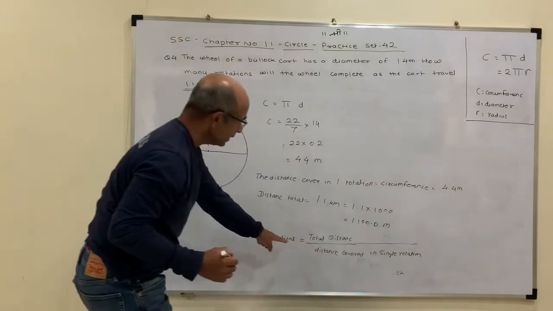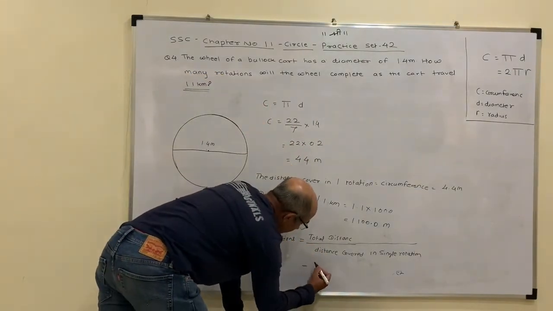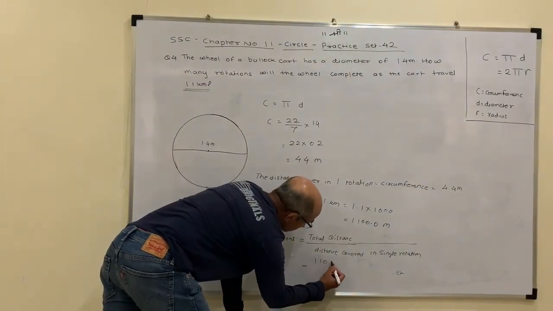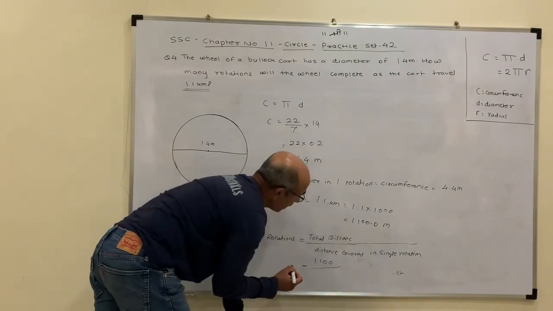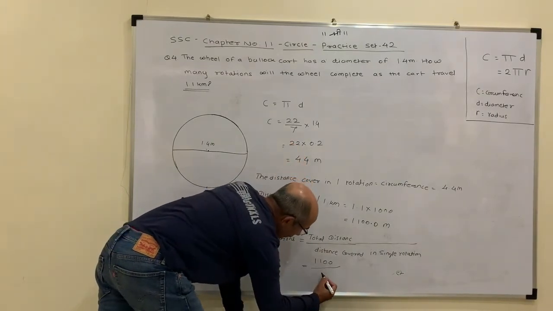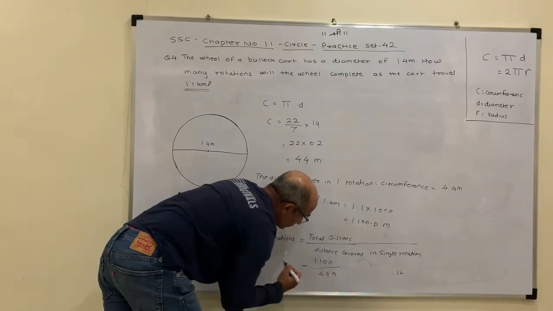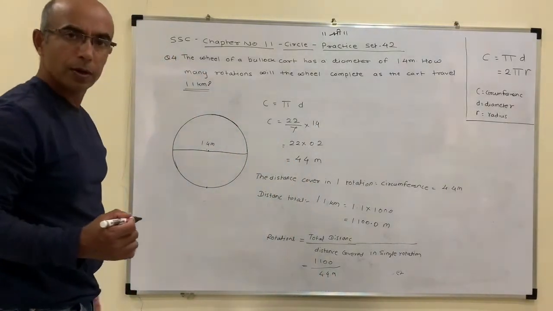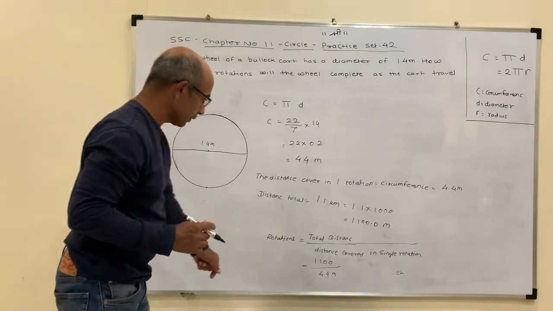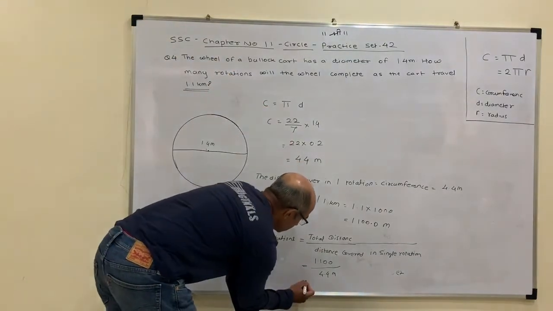So the total distance is 1100 divided by 4.4 meters. So now we need to do further calculations.